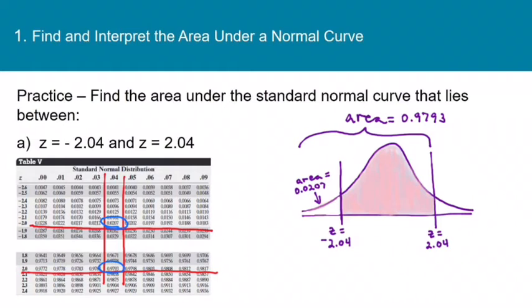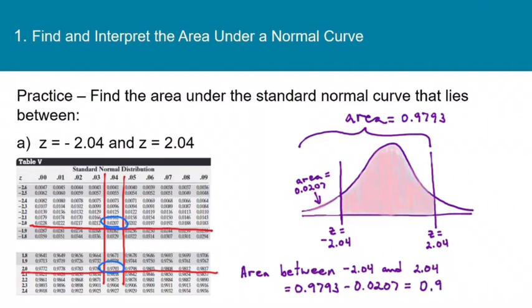And now to find the area between these two z-scores, we say 0.9793 minus 0.0207 equals 0.9586.